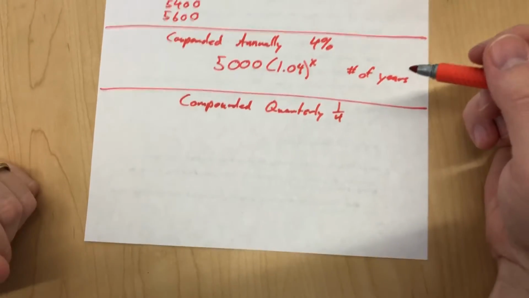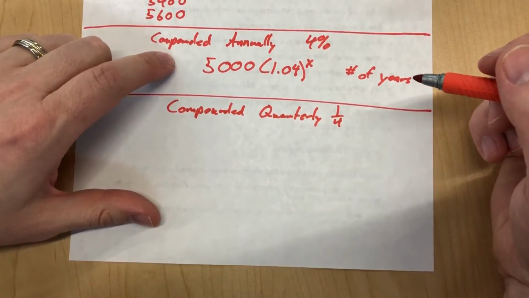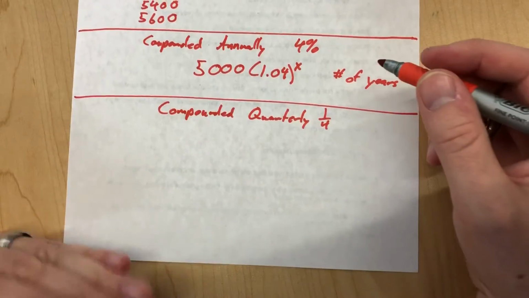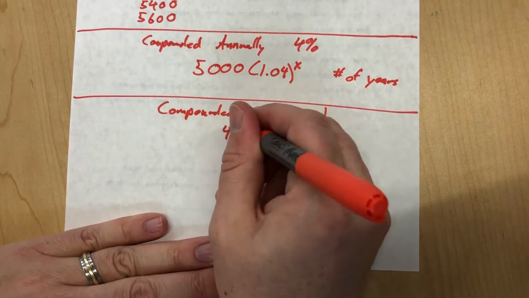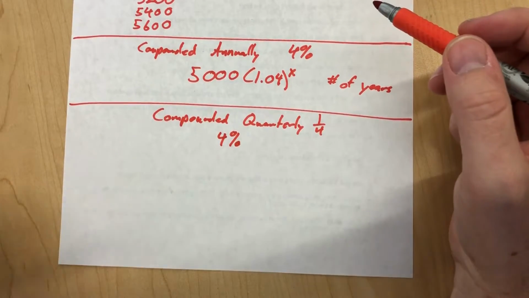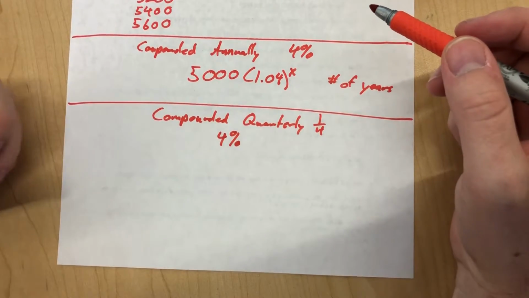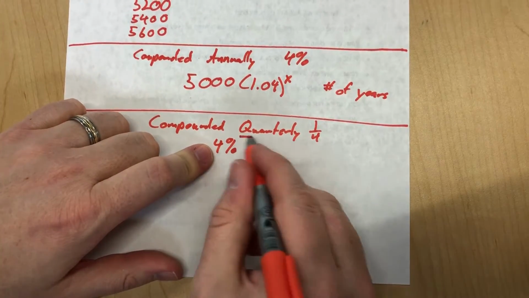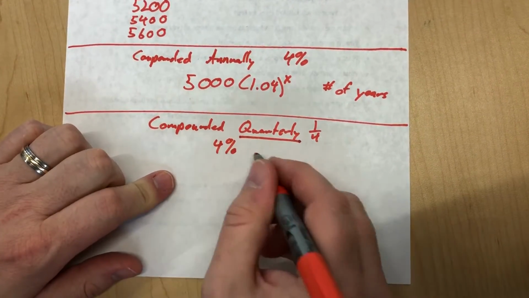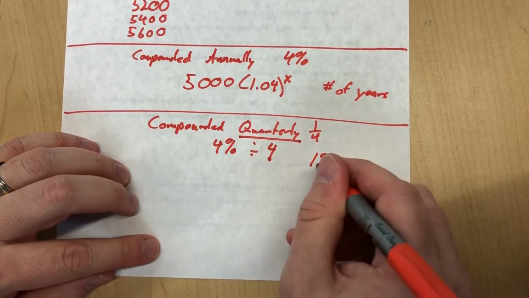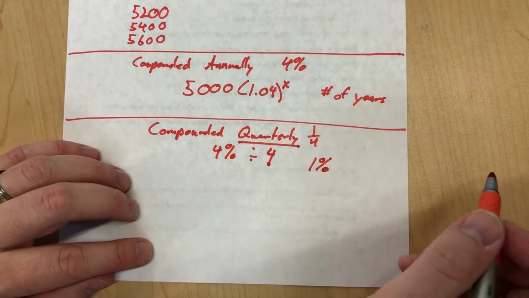So the number is actually going to go up quicker than compounded annually, but there's a different way that you have to do this. They'll give you a rate still. We'll stick with our 4%, and that rate will be your annual rate. So if 4% is my annual rate, I have to find my quarterly rate by dividing it by 4. That means I'm going to get 1% each quarter.